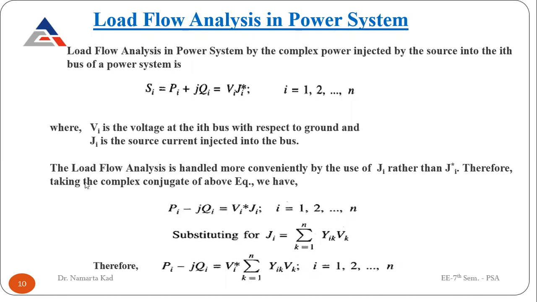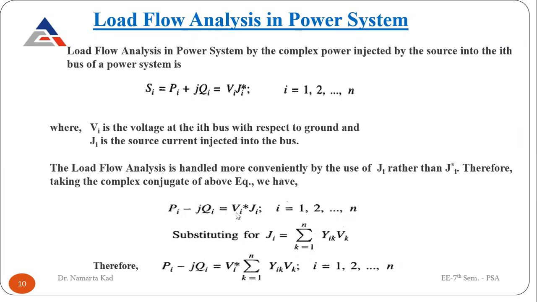Now the load flow analysis is handled more conveniently by the use of Ii rather than Ii conjugate. Therefore, taking the complex conjugate of the above equation, Pi plus j Qi becomes Pi minus j Qi.